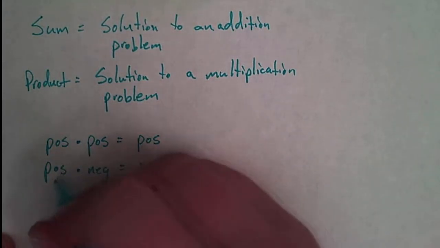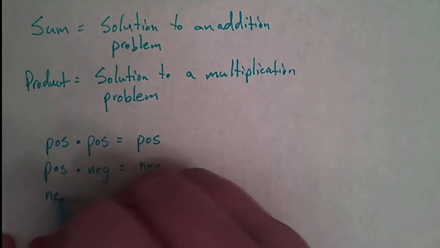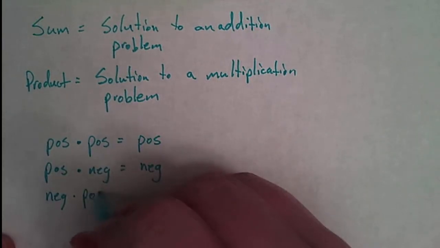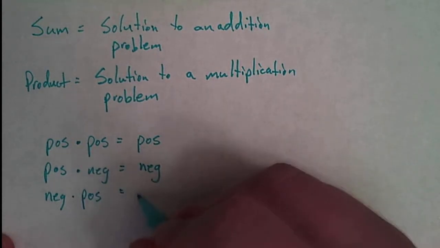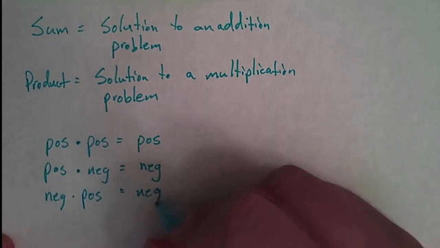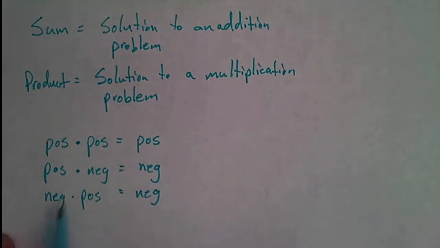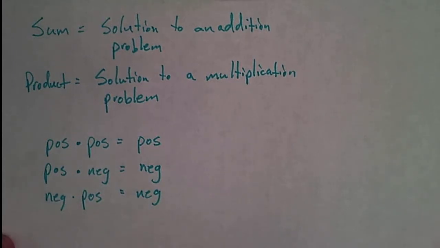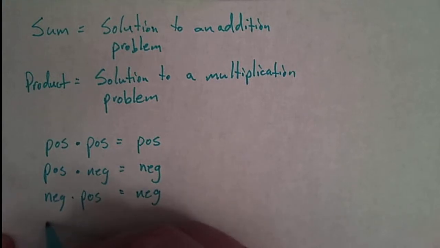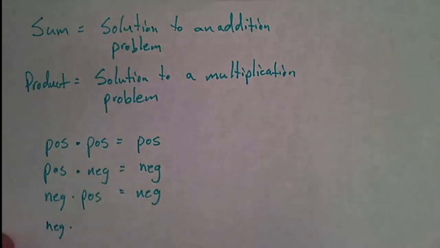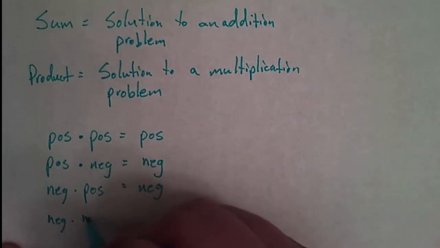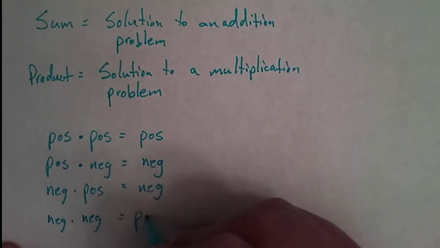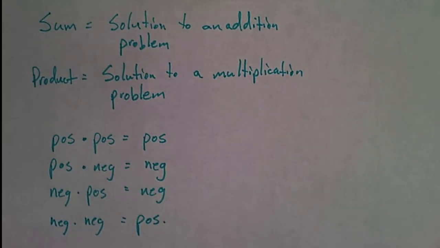And just because we know that we could do that in either order, a negative times a positive is also a negative. We can change the order and it's still the same. But then a negative times a negative gives us a positive. Okay. All right. So those are some big thoughts there.